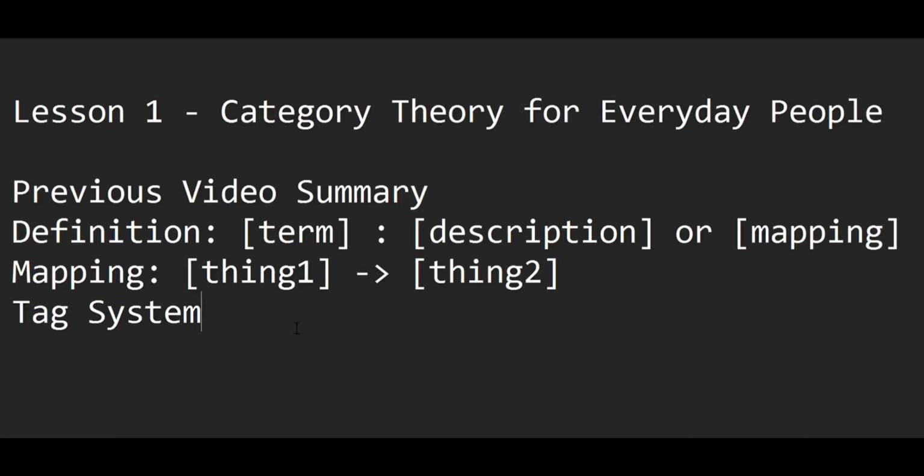And the tag system is going to be our way of telling what from what. So it's going to be the tag followed by the name of the thing that we are describing. And those are pretty much the prerequisites to category theory.